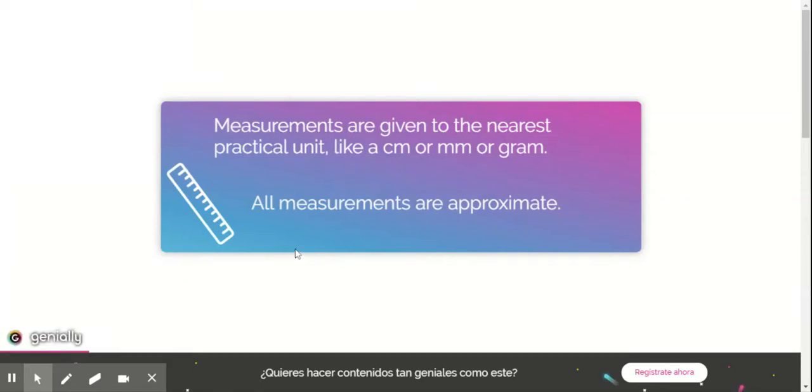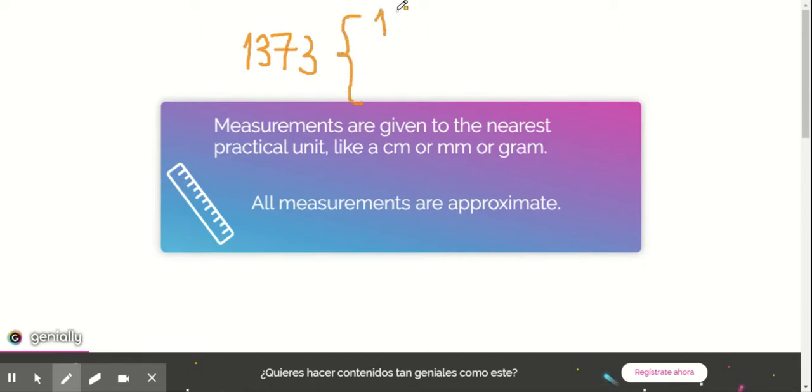Okay, as I said before, all the measurements are approximate. So remember that I wrote the number 1373. This number would be in between two limits, let's say.